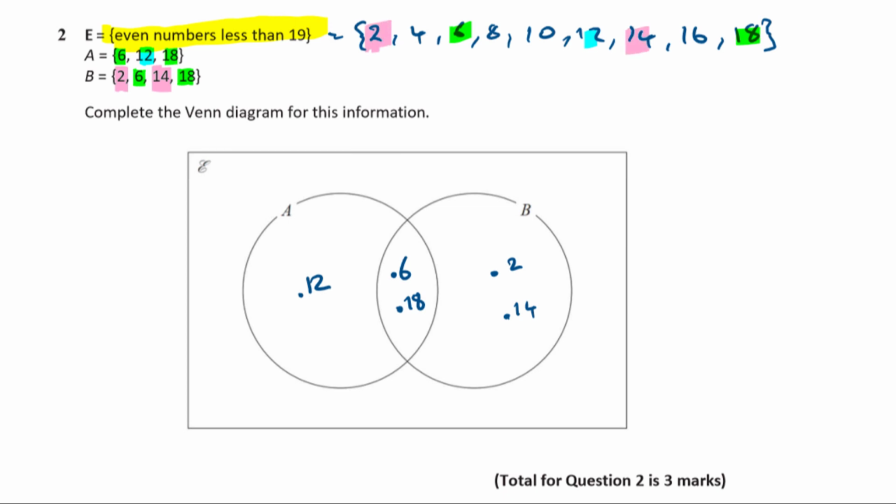So then these ones that are left over then need to go outside those 2 sets. So 4, 8, 10 we haven't had yet, and 16. So they belong inside the universal set, but outside set A and B. Okay, just gonna double check I've got the same number. 1, 2, 3, 4, 5, 6, 7, 8, 9. 1, 2, 3, 4, 5, 6, 7, 8, 9. So it all matches up.